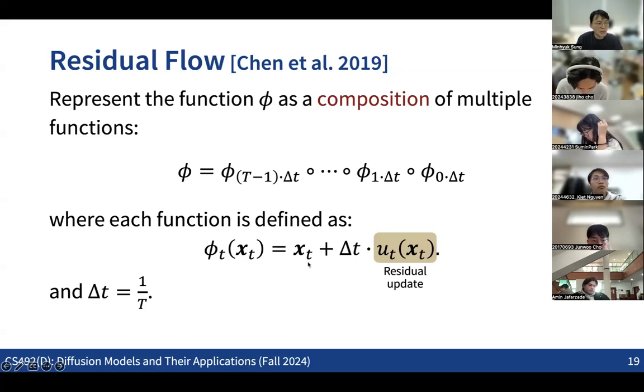By having this simple form of function and composing those functions, we can easily compute the inverse and also the Jacobian.